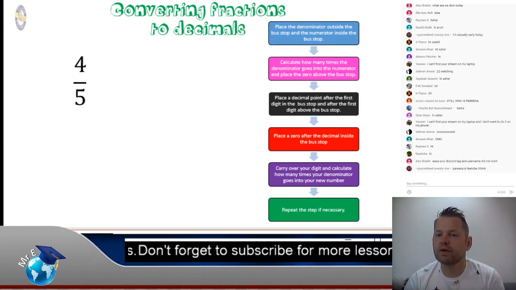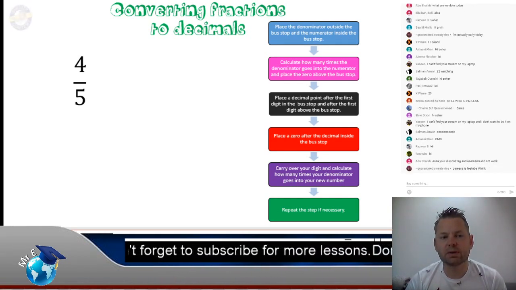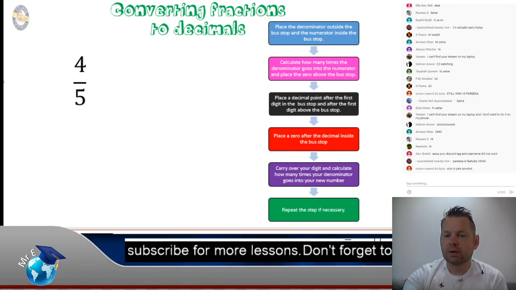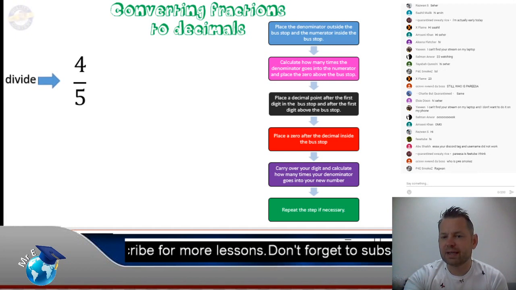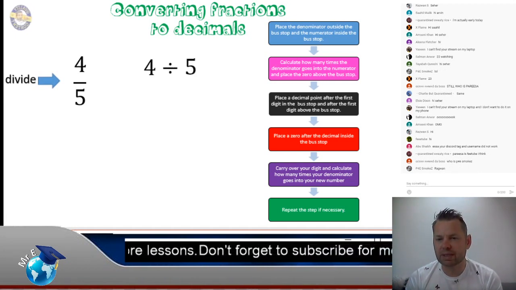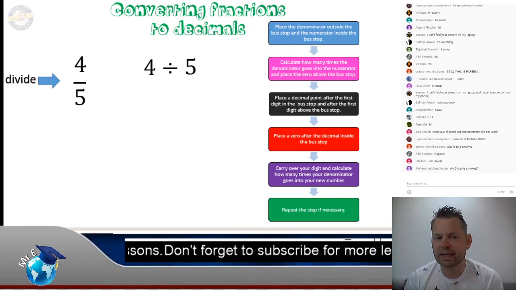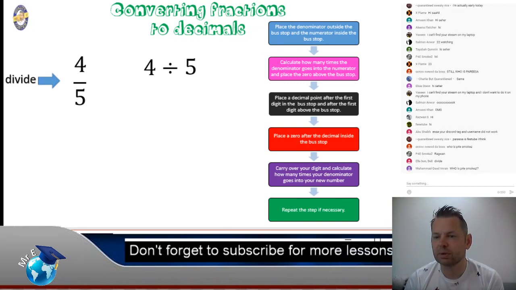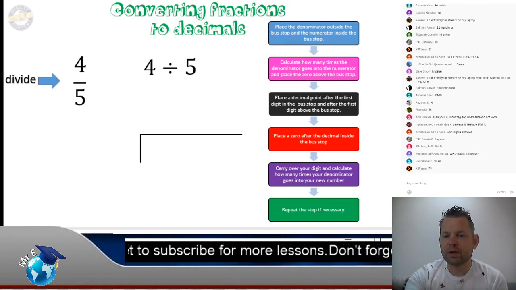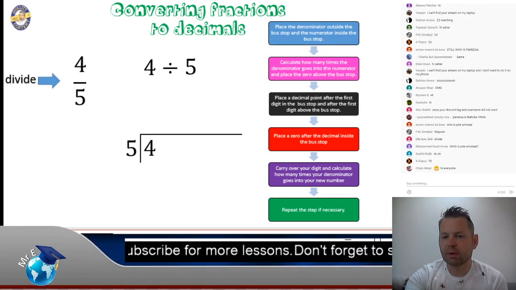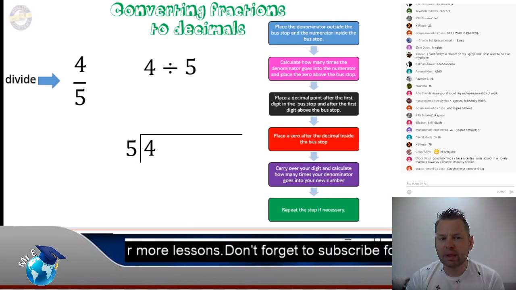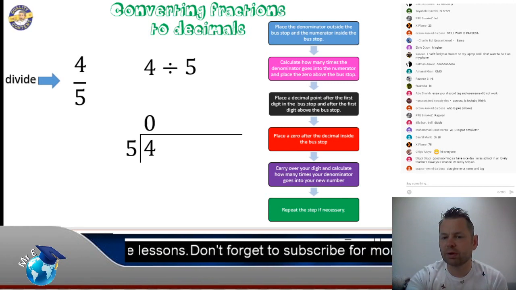So looking at converting fractions to decimals, which is what we did on Tuesday, we worked on understanding that 4/5 actually just means 4 divided by 5. This is important because what we're going to do later is convert everything into decimals. Then we draw our bus stop and we put 4 in the centre and 5 on the outside. And then we completed it just like we would another.